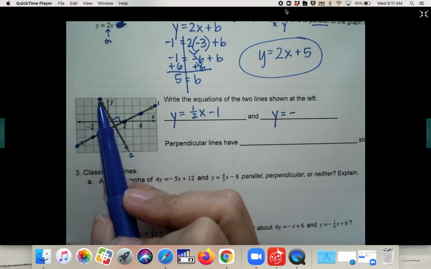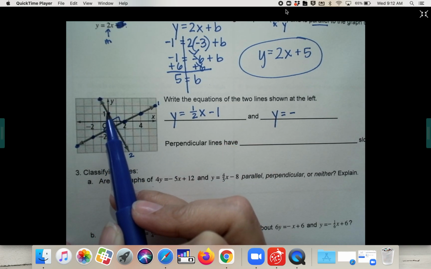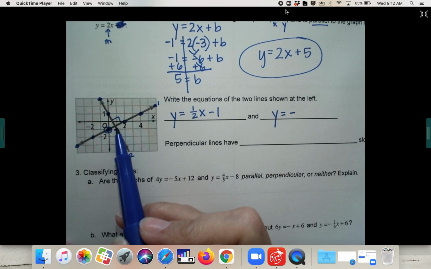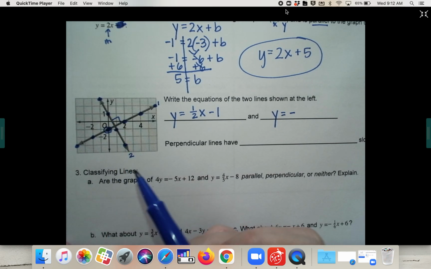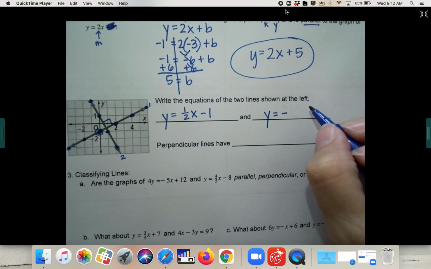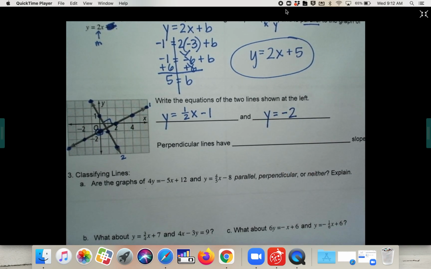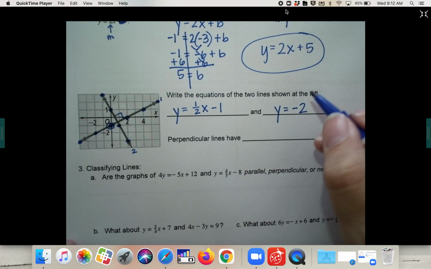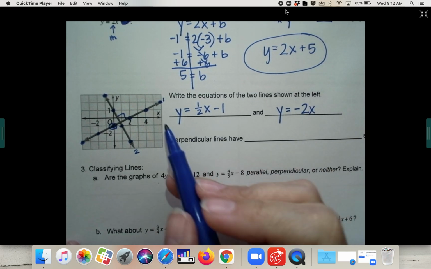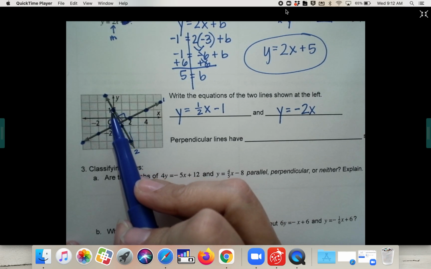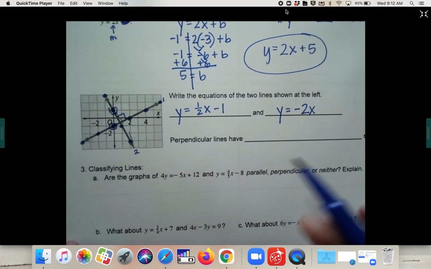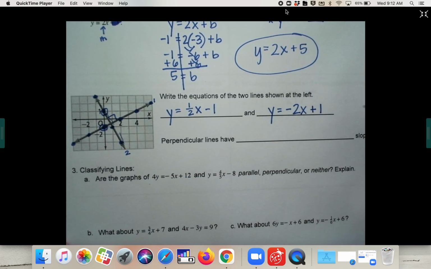It looks like it's going down 2 over 1, down 2 over 1. Yes, it's going -2, because down 2 over 1 is the same thing as just down 2. Anything over 1 is just the whole number. Don't forget your x, and let's see what our b is. This graph crosses the y-intercept way up here at 1, so it's +1.